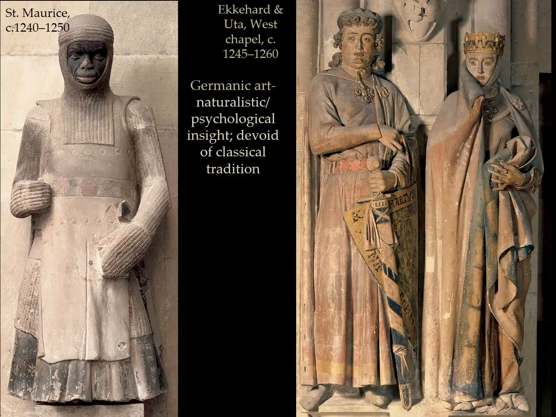Now, to review, Germanic art, seen in the Holy Roman Empire as that we reviewed in the first survey, seen with St. Maurice and Eckhart and Uta, is going to reveal a type of naturalism and psychological insight and realism that is lacking anywhere else in Europe. Because they are in the north and because they are distant from the Greco-Roman classical tradition, they do not base their sculptures on those seen in the classical world, such as ancient Greece and Rome.